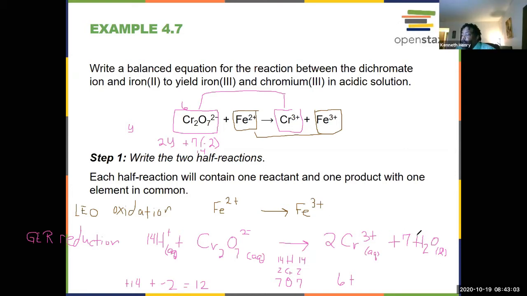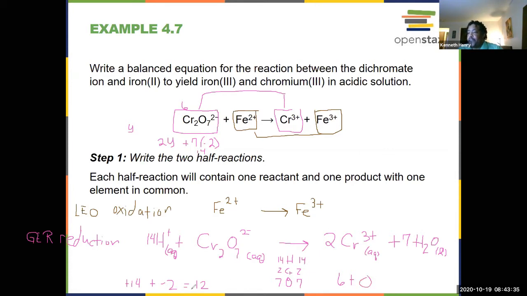So what is the charge on water? H is 1, oxygen is 2, there's 2 H's, so it'd be 0. So you're multiplying 7 times 0, right? Because the overall charge on water is 0. So we have a big old 0 here.